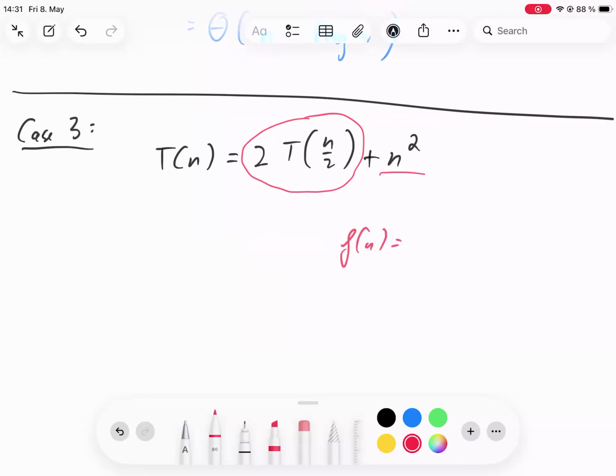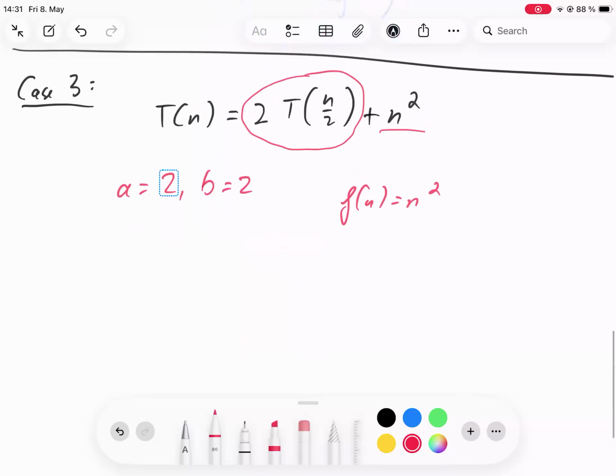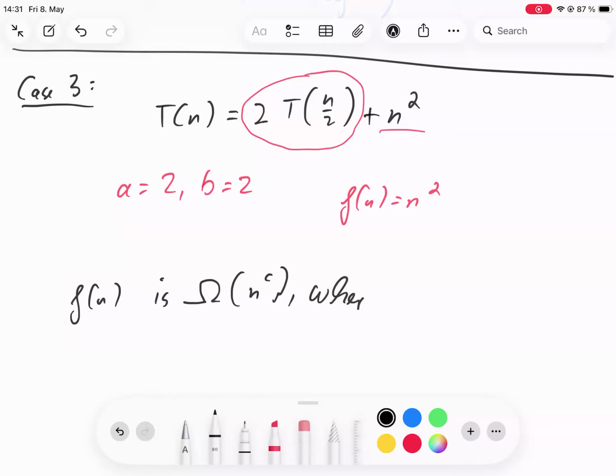So f of n is n squared, and a is 2, b is 2. So we can say f of n is omega of n to the power of c, where c is what?